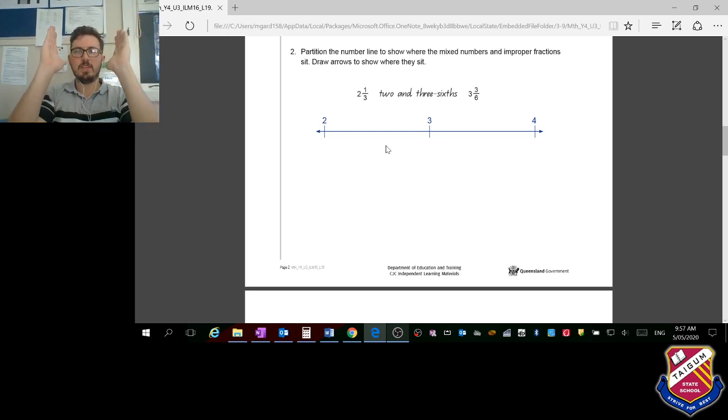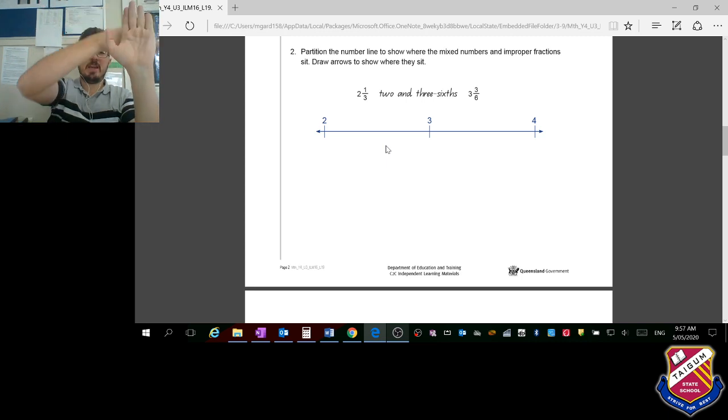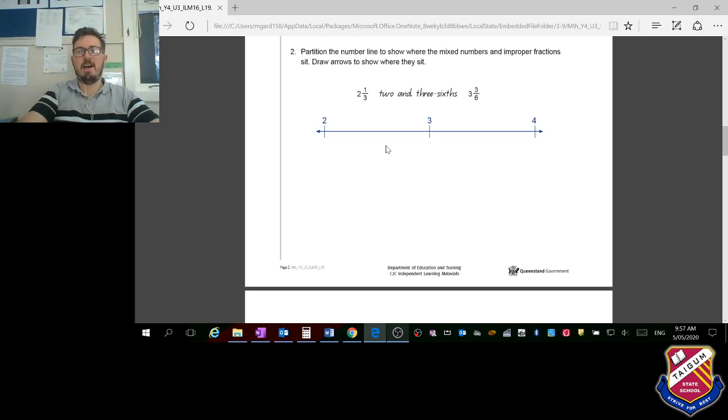Yes, we split it in the thirds, then we cut each of those thirds in half. So between each of those thirds you need to split them in half so that from 2 to 3 you've got 6 equal or roughly equal parts. Off you go.